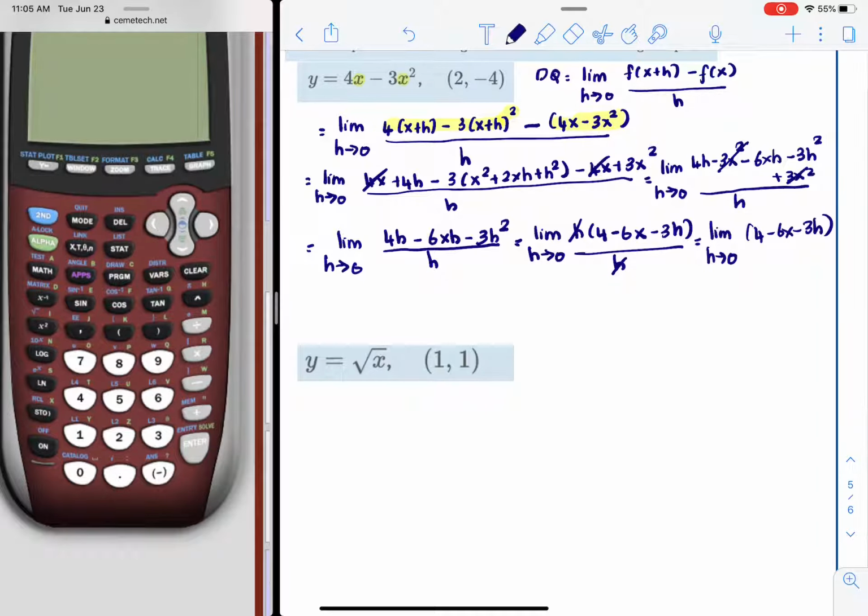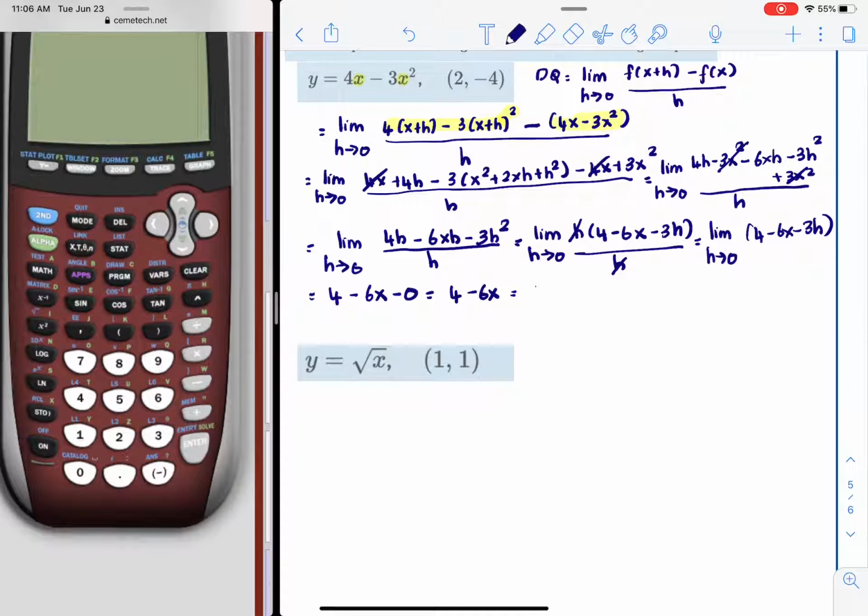The first term doesn't have h in it, so it will remain as is. The second term doesn't have h in it, so it remains as is. The third term has h in it, so when we apply the limit, it goes away. 3 times 0 is 0, so we end up getting 4 minus 6x.